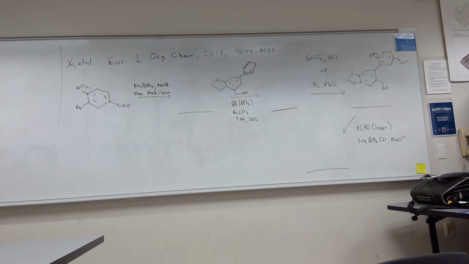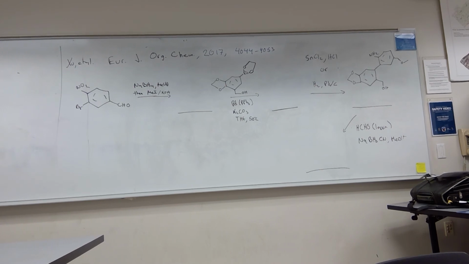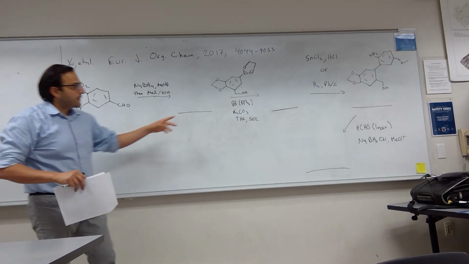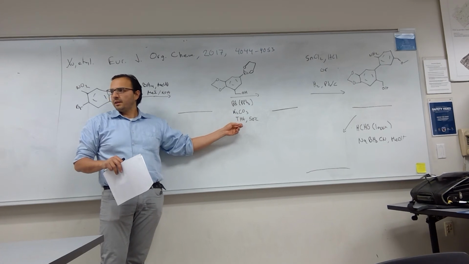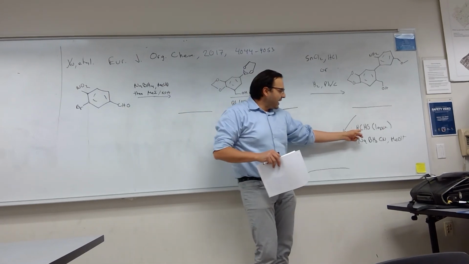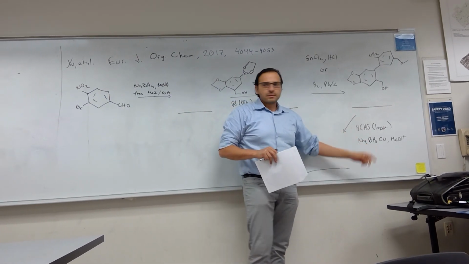And let me see, this one you can probably do. Could you read the reagents at the bottom right-hand corner? Palladium, phosphine, potassium carbonate. Yeah, HCHO, sodium cyanoborohydride.